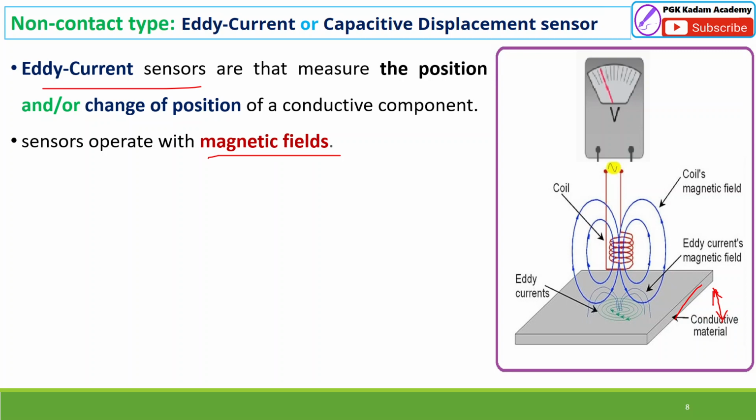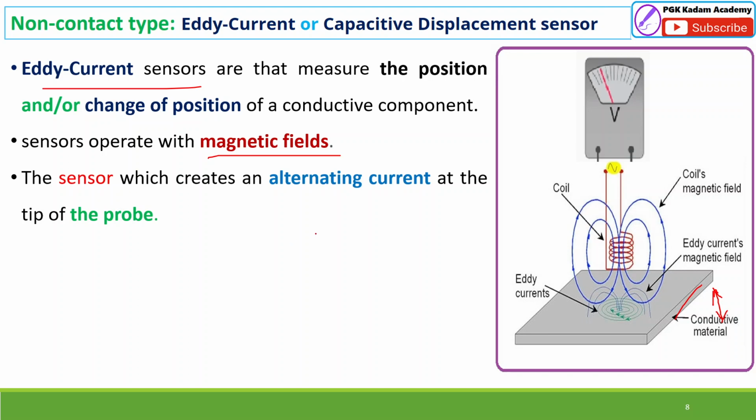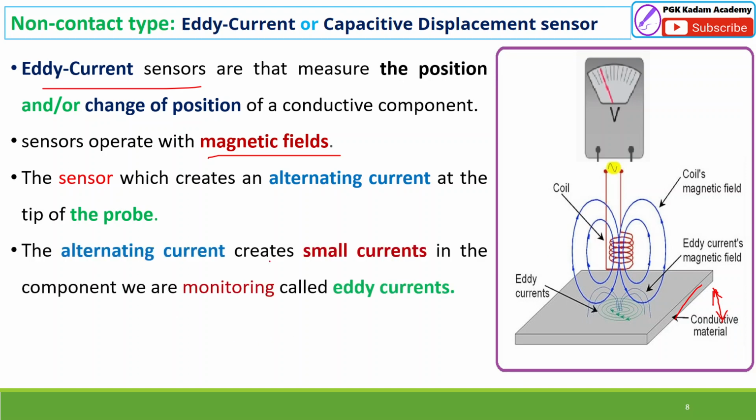Here a magnetic field is created. The sensor creates an alternating current at the probe end, and this alternating current creates small currents in the component we are monitoring, called eddy currents.